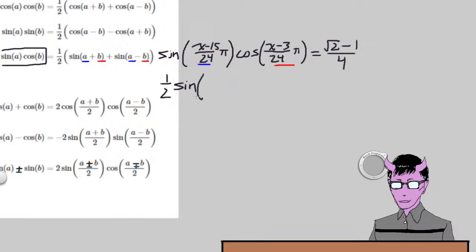No weird fractions, no divide by 2 to contend with, so we don't have to worry about that. So add this one straight up to this one. So x plus x gives us 2x. Negative 15 plus negative 3 is negative 18. That's all over 24 with a pi on the side.